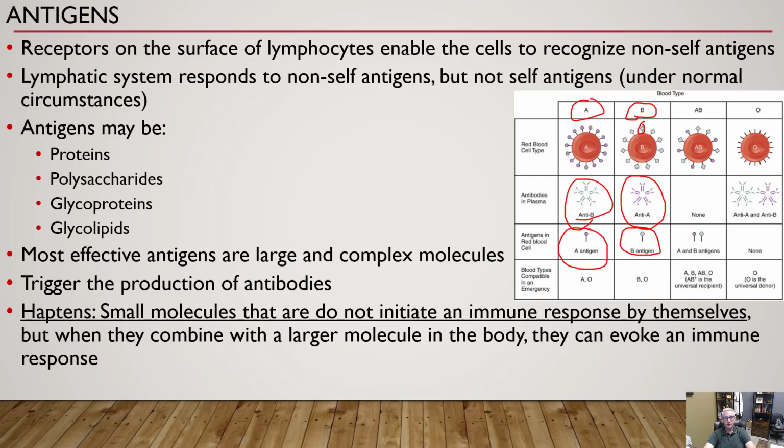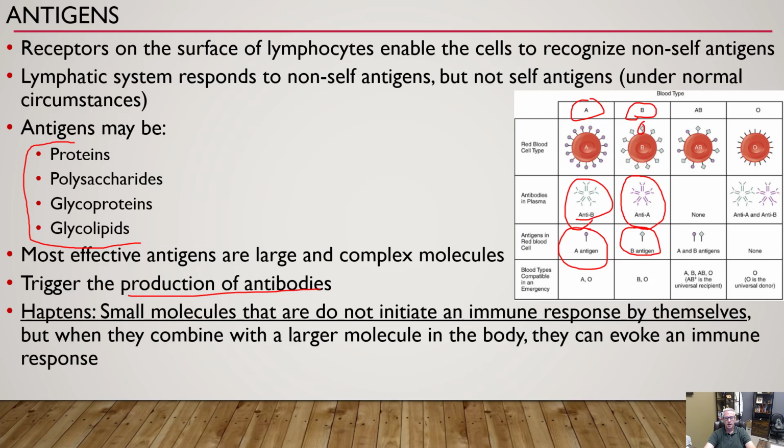And antigens can actually be proteins, polysaccharides, glycoproteins, glycolipids. And if there is a reaction, they're going to trigger the production of antibodies.